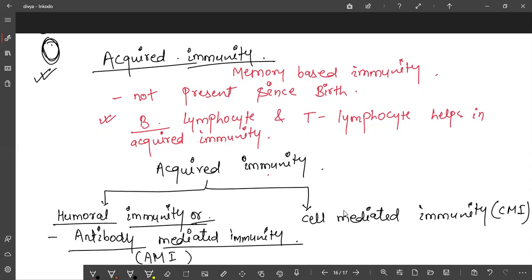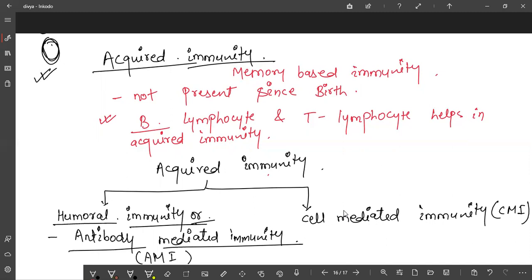Humoral immunity is also called antibody mediated immunity because antibody helps in this immunity, and since antibodies are present in blood, it is also called humoral immunity. Is it clear to you?